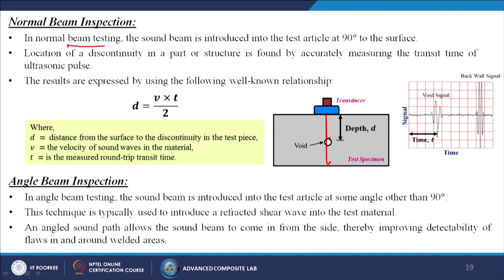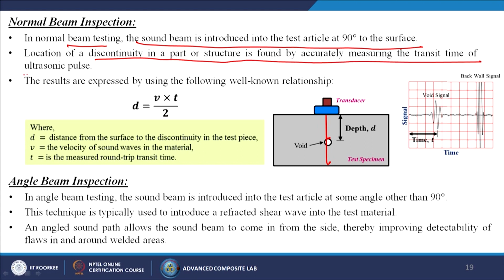In normal beam testing, the sound beam is introduced into the test article at 90 degrees to the surface itself. The location of a discontinuity in a part or structure is found by accurately measuring the transit time of the ultrasonic pulses.